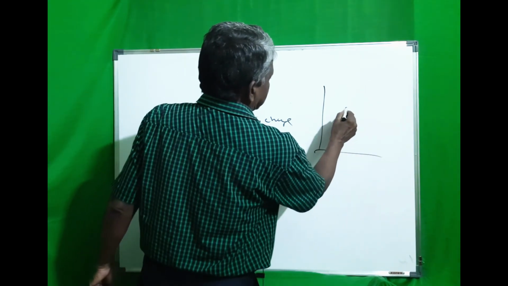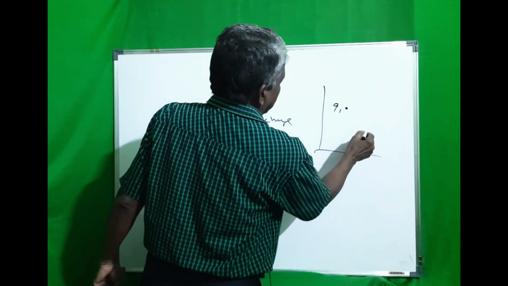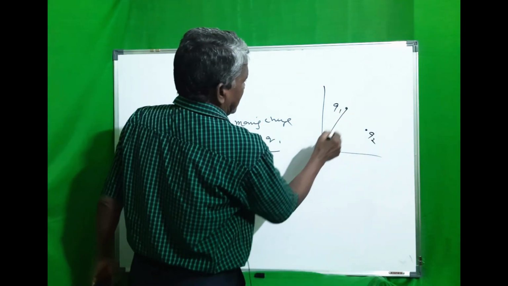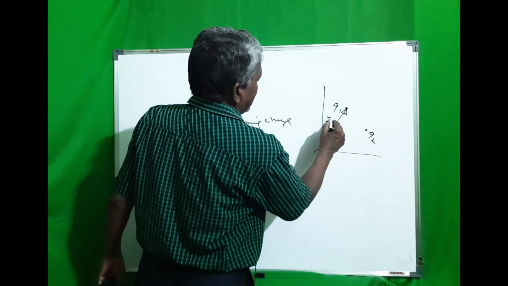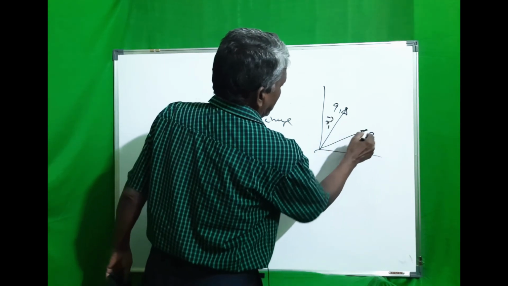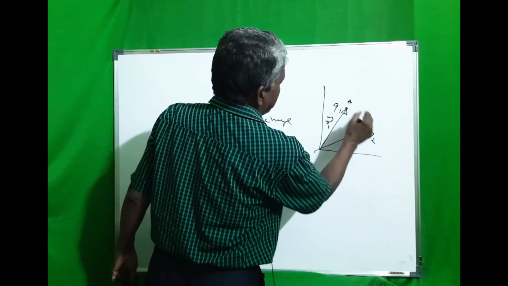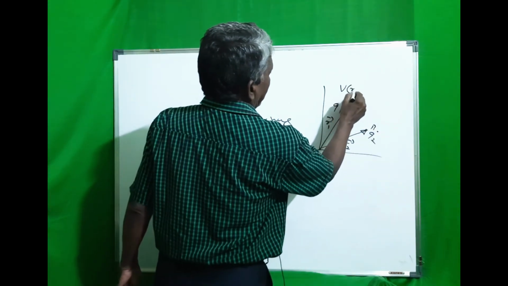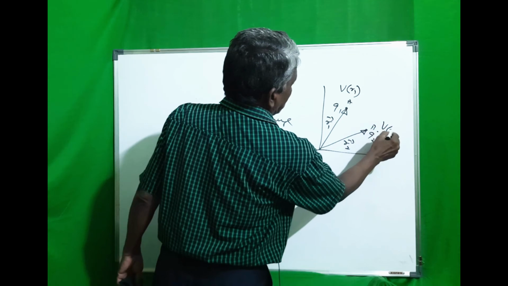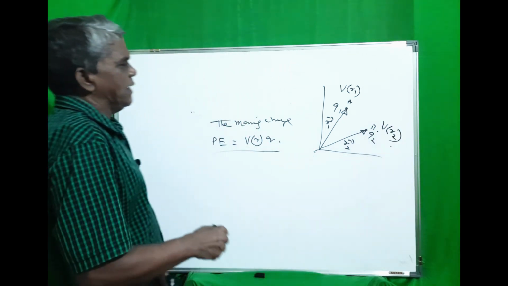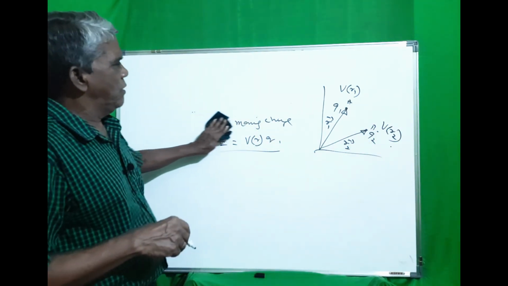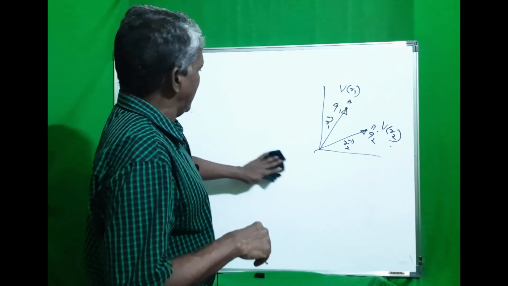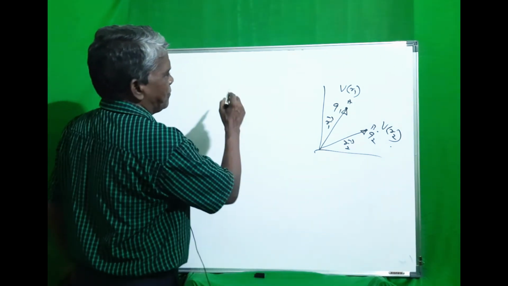If two charges are brought from infinity to position vectors r1 and r2 at points A and B, where the potential is V(r1) here and V(r2) there, then what is the potential energy of the system?